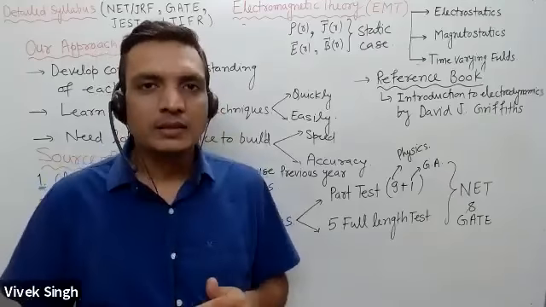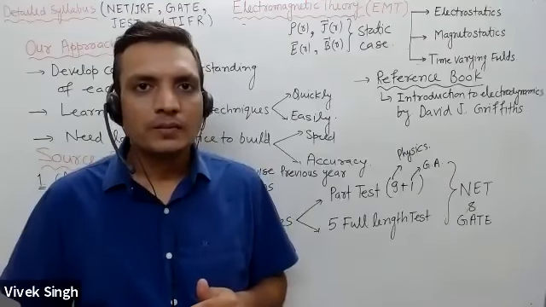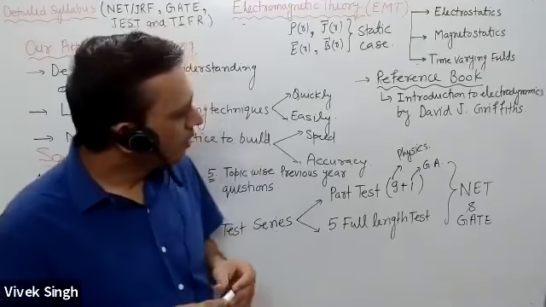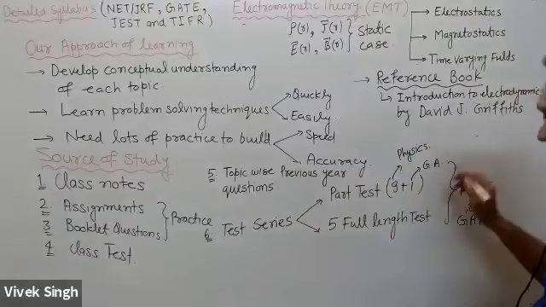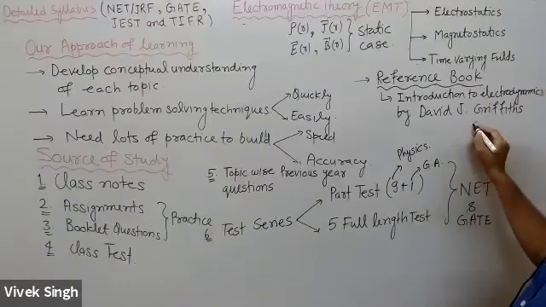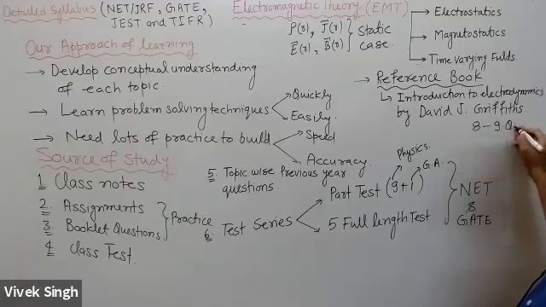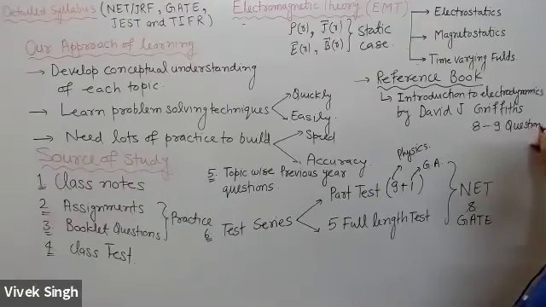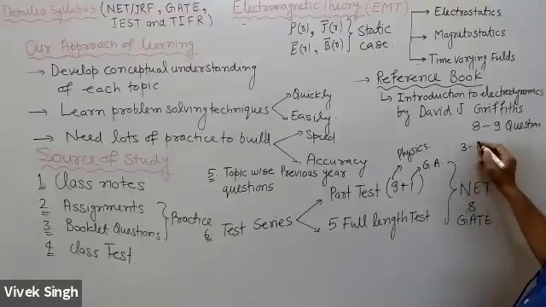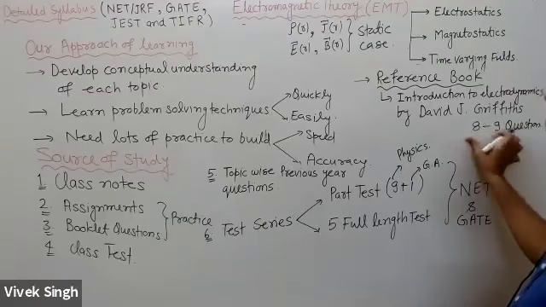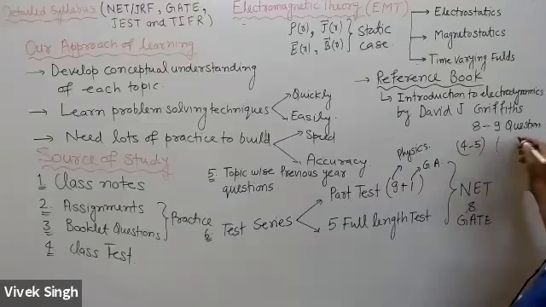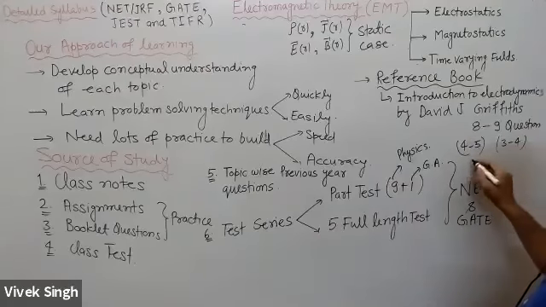Sir, what will be the marking pattern for EMT in the NET exam? Like 5 marks, 3 marks, or 1 mark. Approximately, on an average, you will see 8 to 9 questions in NET exams. So 4 to 5 questions of 3.5 marks, and the rest 3 to 4 questions of 5 marks.